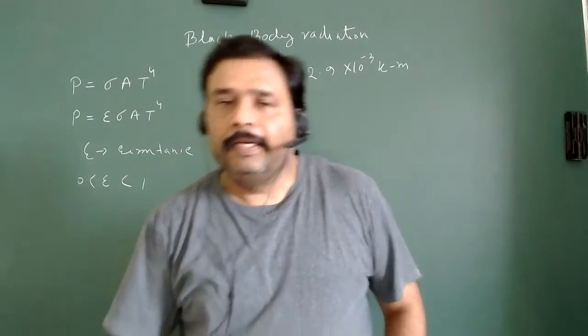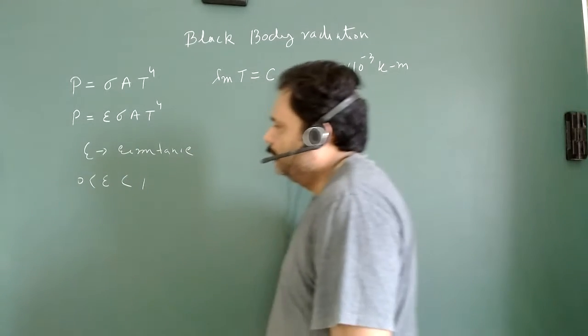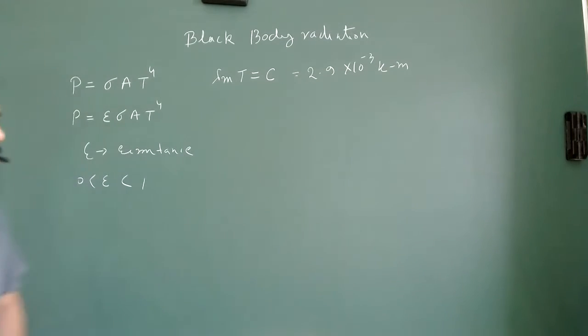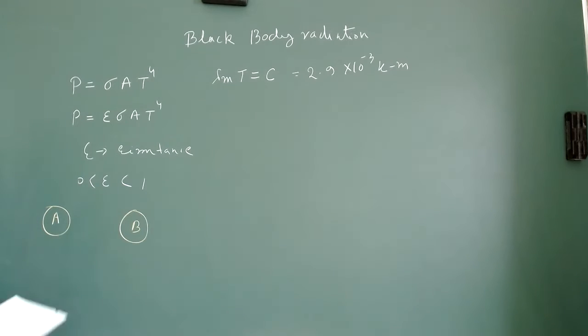This is a very interesting but straightforward problem. We have two black bodies. Let's say this is black body A and this is black body B. The parameters of these two bodies are given.